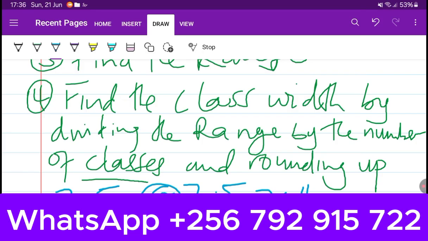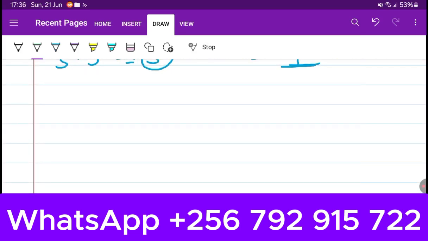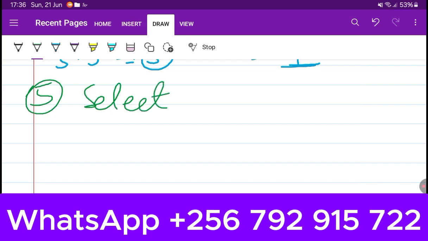So that's step number 4. Let's look at step number 5. You will understand some of these things when we start the computations because they will be very easy and practical. Step number 5, we select a starting point.